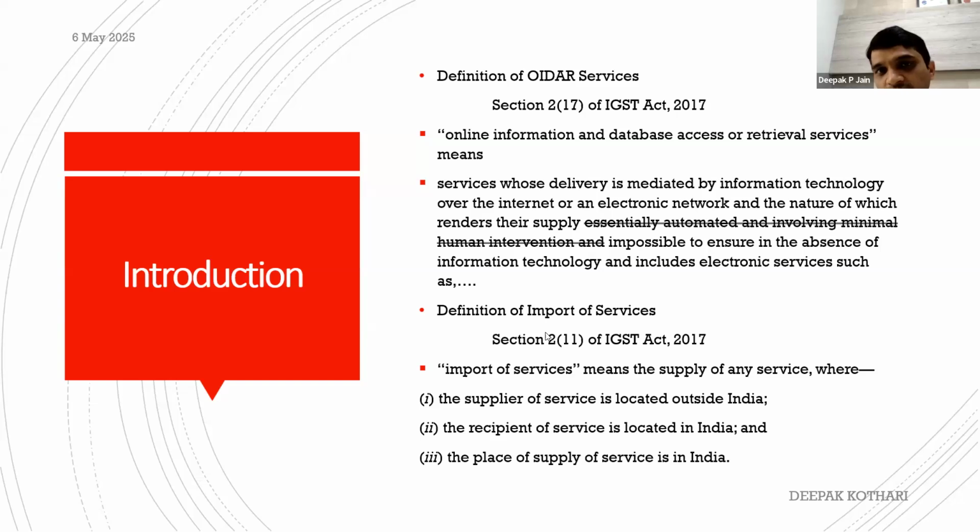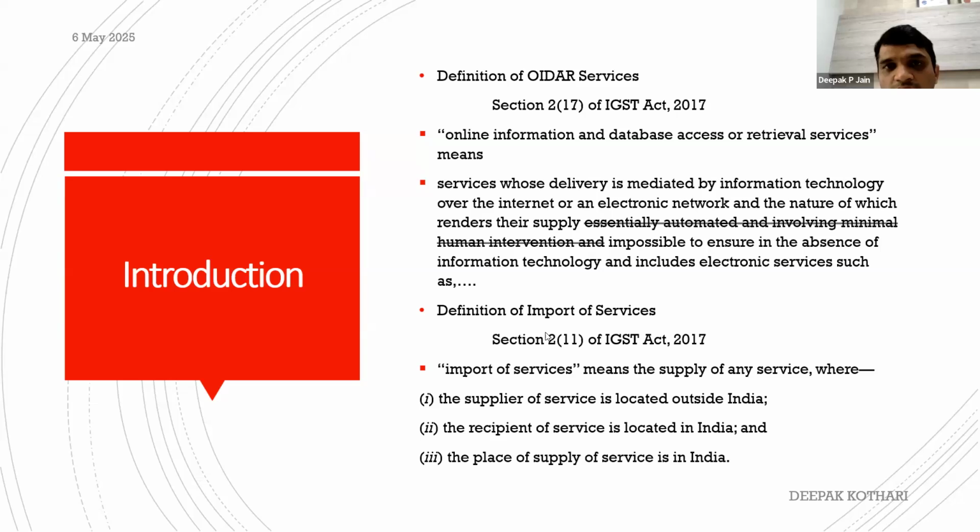Now when we understand the definition of import of services, import of services is again given under the IGST law. Under section 2, subsection 11 of the IGST Act, it says that import of services means the supply of any service where the supplier of the service is located outside India and the recipient of service is located in India and the place of supply of service is in India.